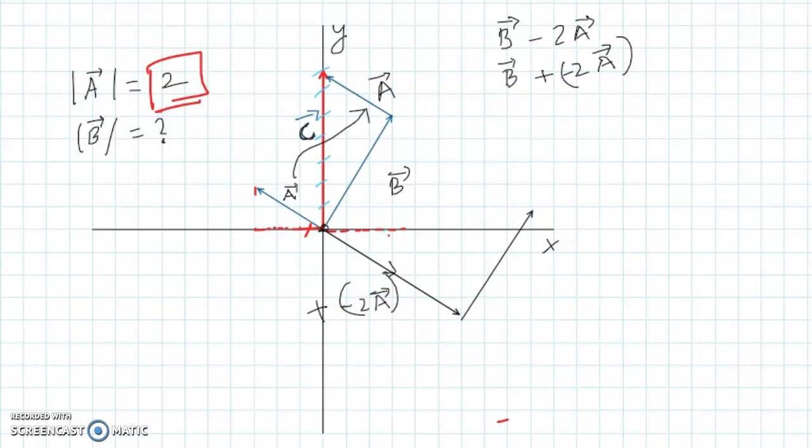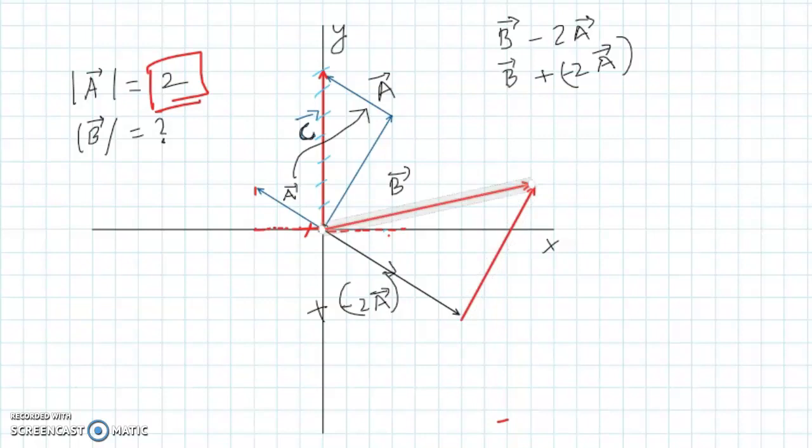It is 1 2 3. It's like this. Maybe I have drawn it a little bit tilted. So now the resultant vector can be drawn from the origin to this point.